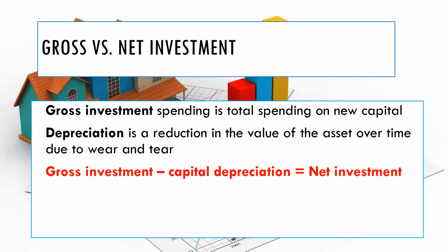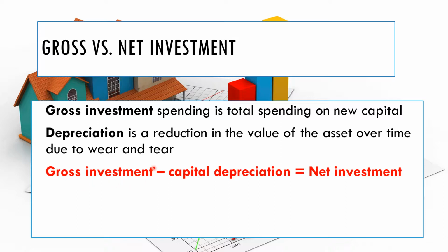So for example, if the capital stock in the country went down by 100 million through depreciation and only 90 million was spent on new capital or replacing that capital, the net effect here would actually be a reduction in the size of the capital stock, the value of the machinery and tools and etc. So there would actually be negative net investment. There hasn't been investment, things have got worse because the depreciation of our assets outweighed the gross investment.